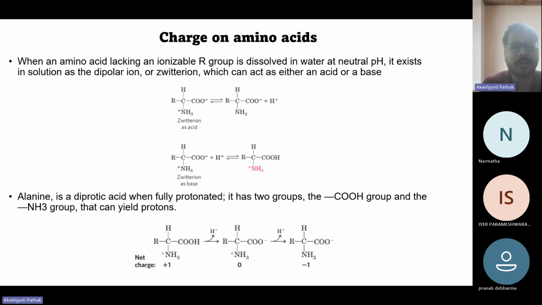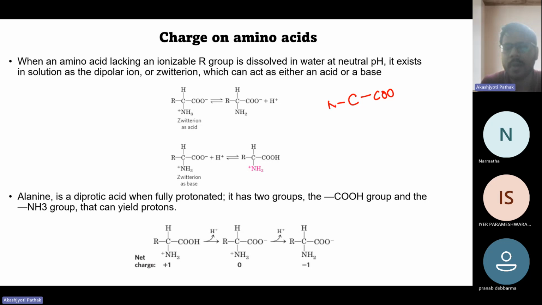So what will be the charge on an amino acid molecule? How is it decided? You just saw the structure of an amino acid. It has a carboxyl group and an amine group.